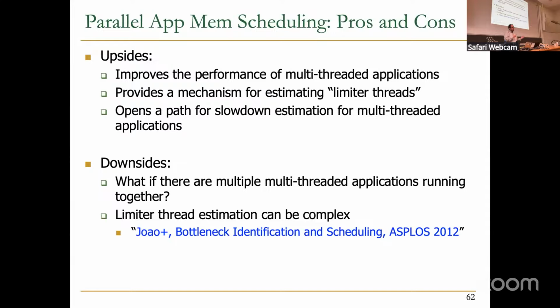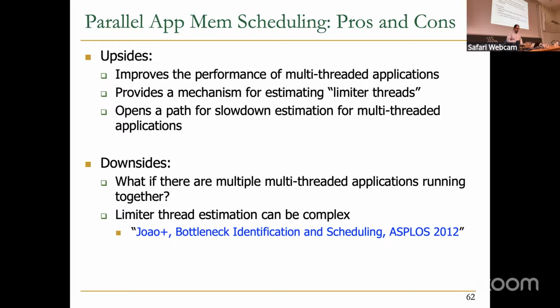So if you can identify bottlenecks, you can map them to big cores to accelerate the serial portion of the application, which in the end would cause better performance for the whole application. So we're going to see a lot in that line in our lecture on bottleneck acceleration.